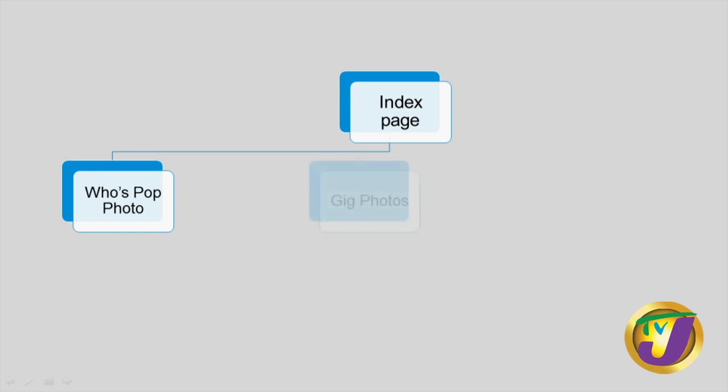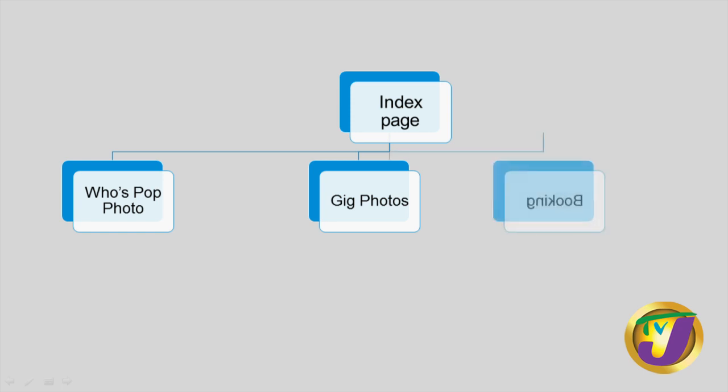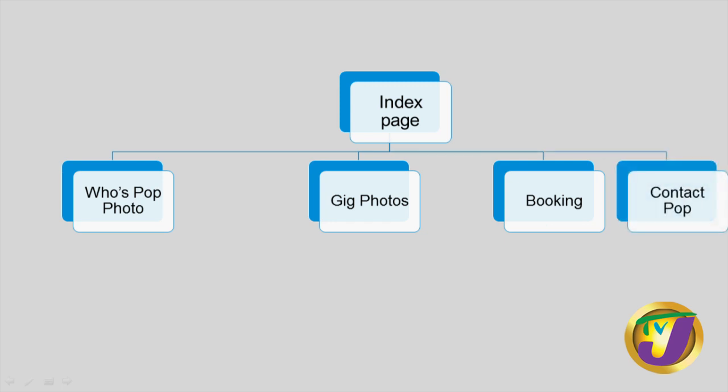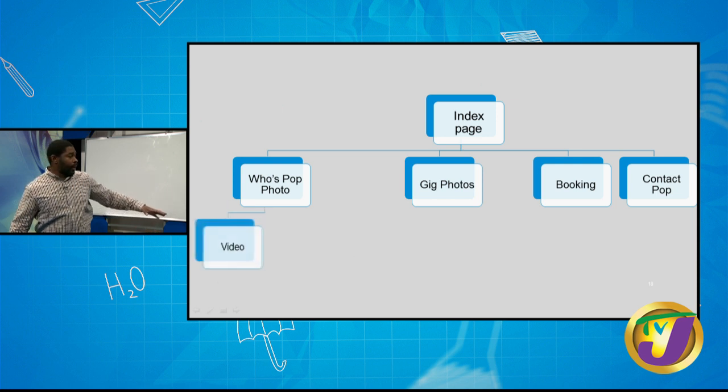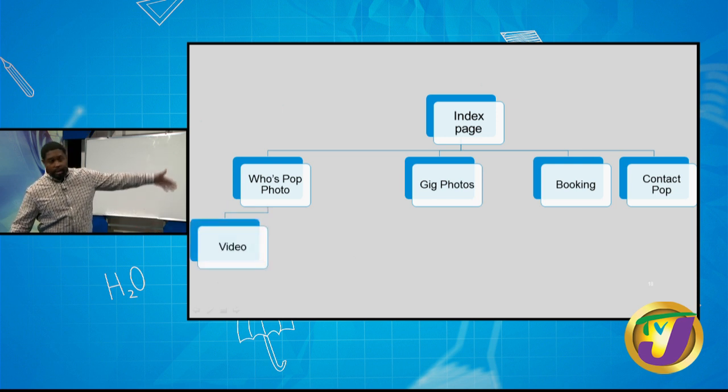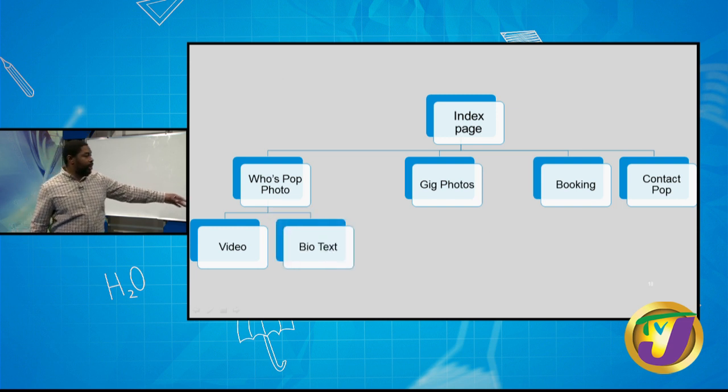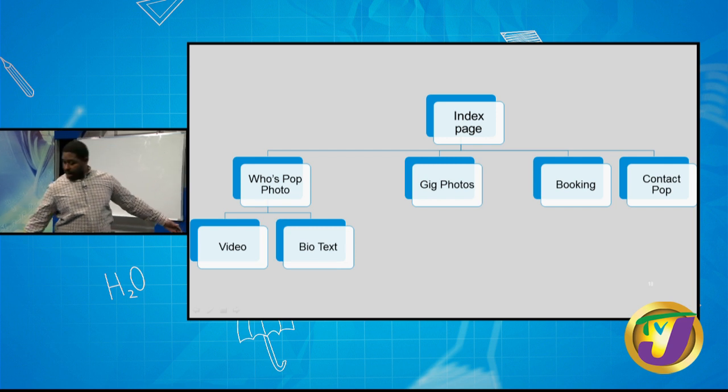But on my index page, I will have a menu that leads me to possibly my photo gallery, who I am, that would be the biography page, the place where I do the booking, and then I might even have a contact for me straight up, and then under the biography page, I might have a video, and then under that biography page I also have bio text.